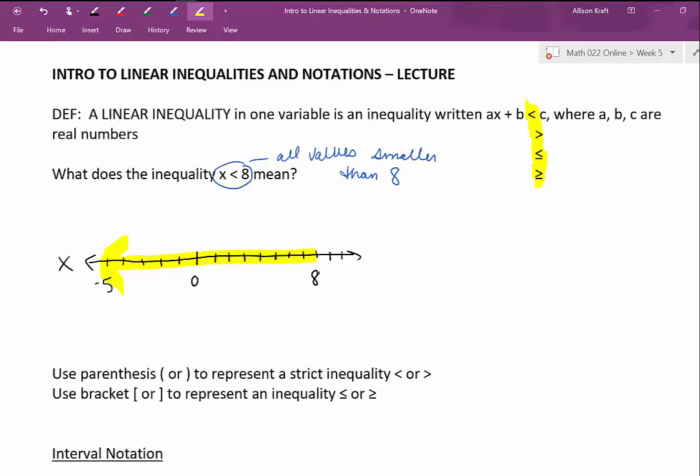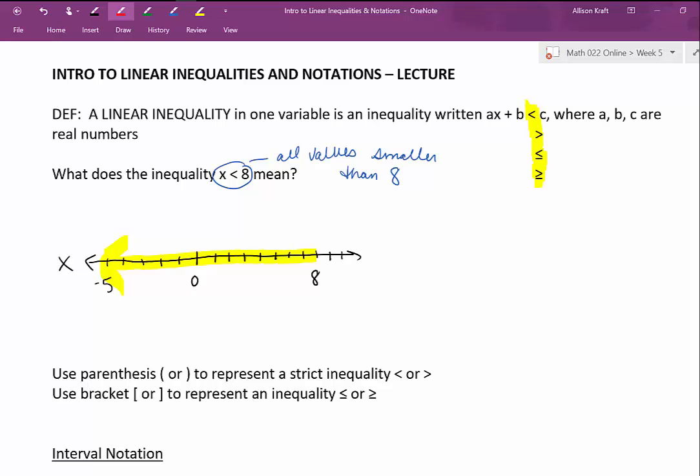I need to introduce a notation here that we're going to use when graphing inequalities on the number line. We want to use a parenthesis anytime we have a strict inequality, and we're going to use a square bracket anytime we have an or equal to inequality. You might have seen a slightly different notation before.